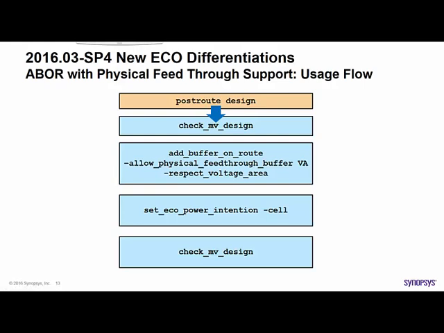After add buffer on route, use the new command set ECO power intention -cell to update the supply nets of the newly added buffers, and then use check and redesign again to check the result.